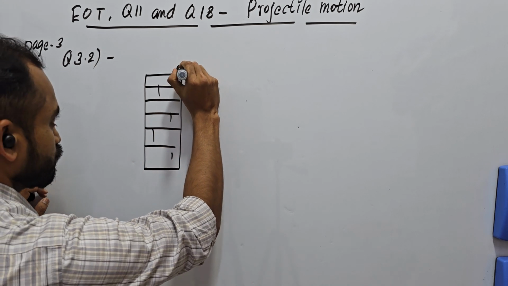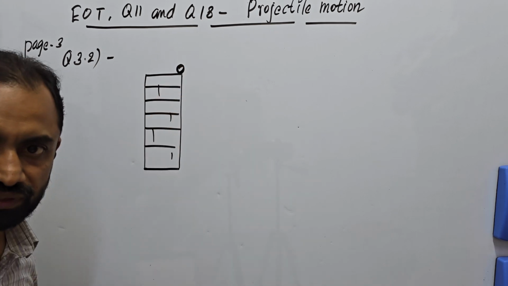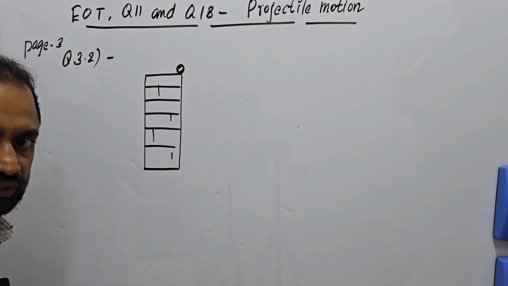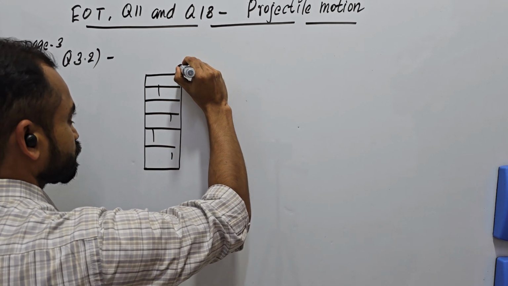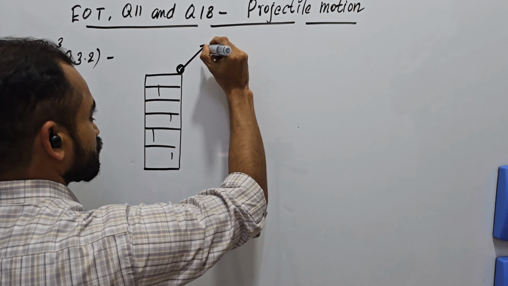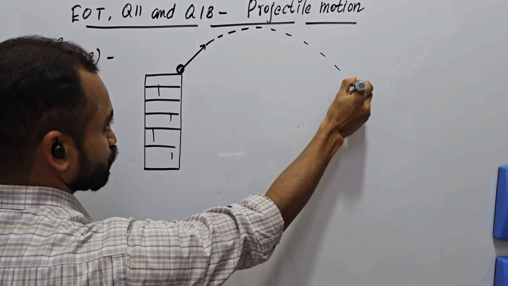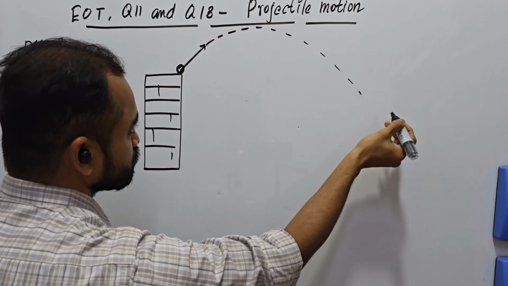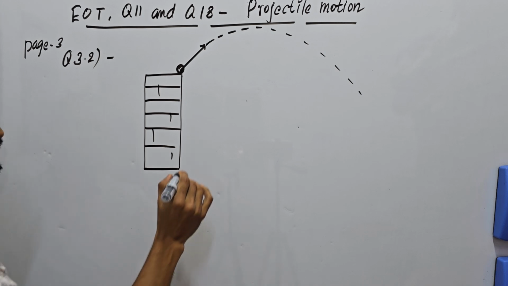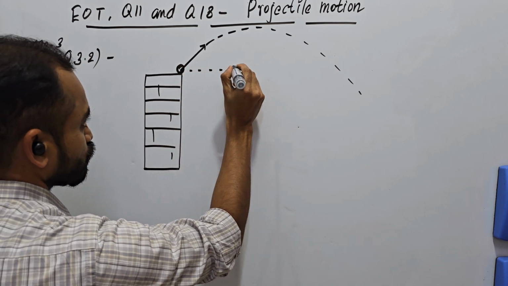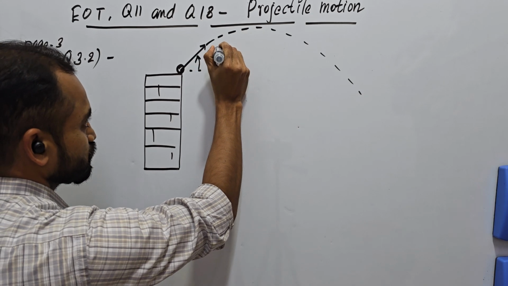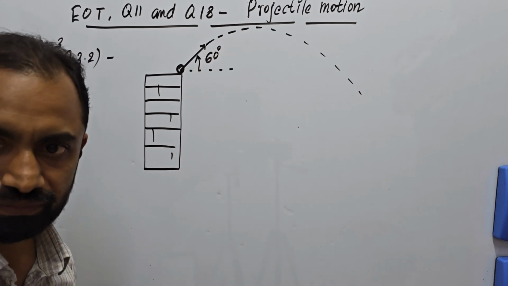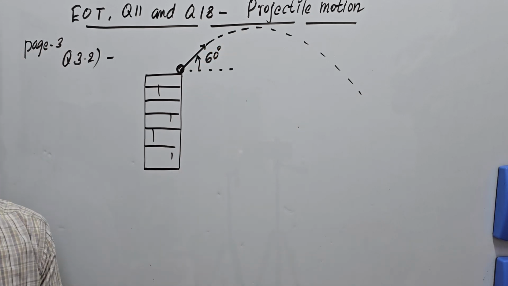So here we are drawing the projectile. This projectile is launched from the top of this building, and it will follow this path, at an angle of 60 degrees above the horizontal.